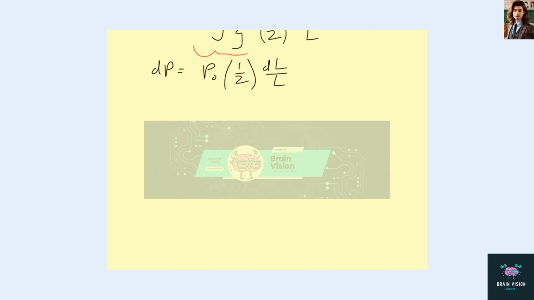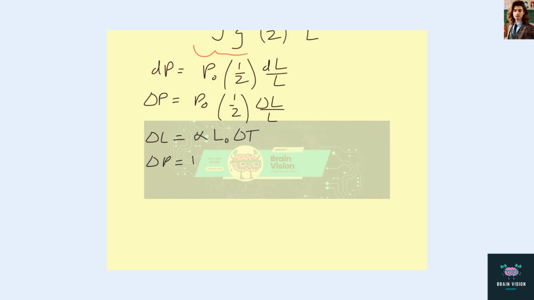Instead of dP, we can say delta P is equal to P naught times 1 half times delta L over L. You don't necessarily have to make this change, but it's helpful when we know the linear expansion equation. Delta L is equal to alpha L naught delta T. But anyway, we can plug that back in.